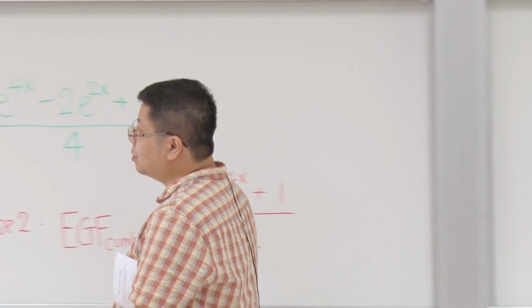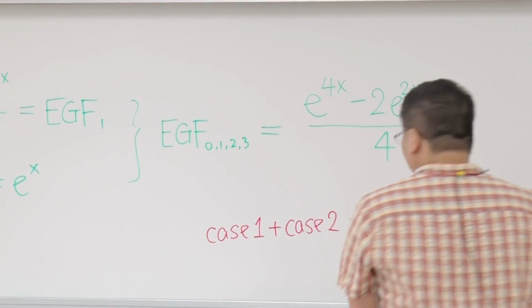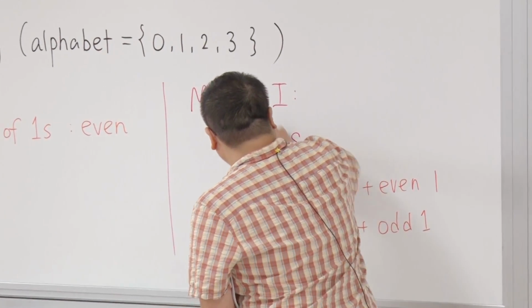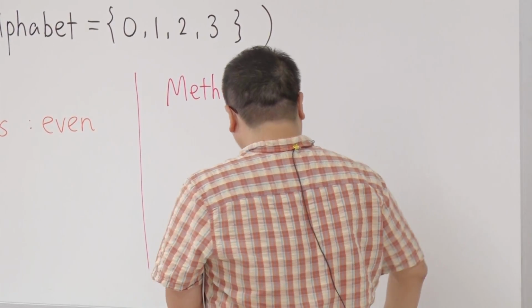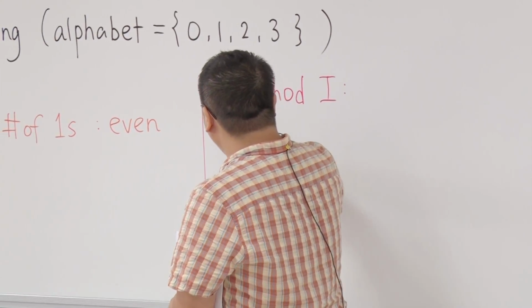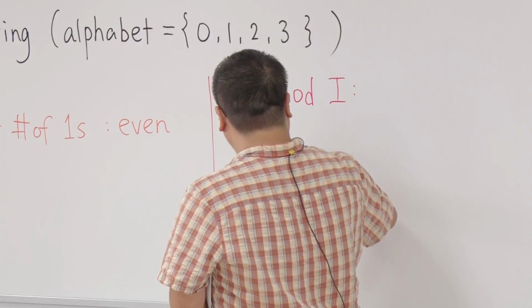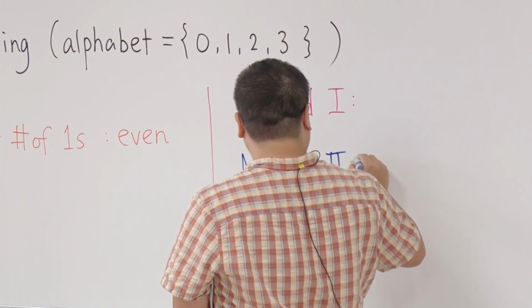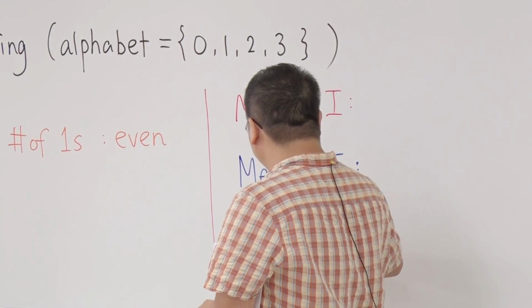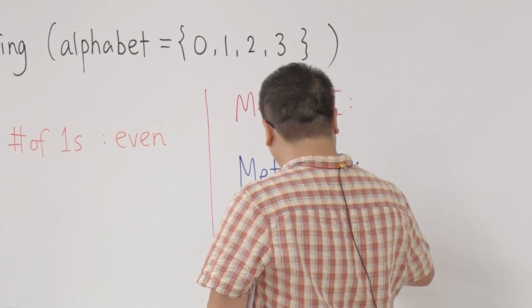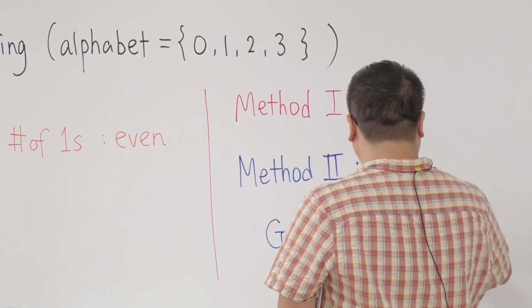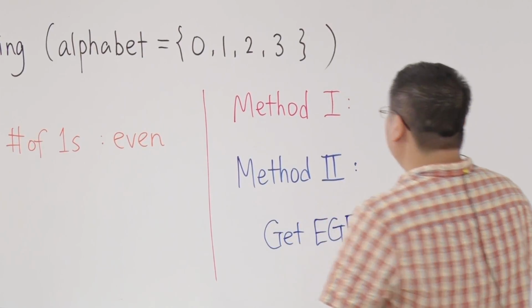So how do we do method 2? Okay, method 2. Let's try to get the EGF of 0 and 1 directly, using some counting.